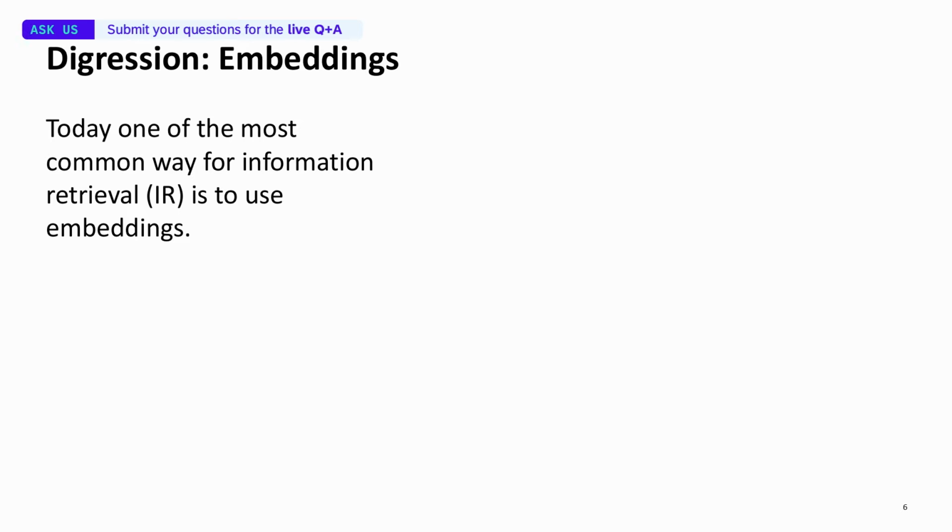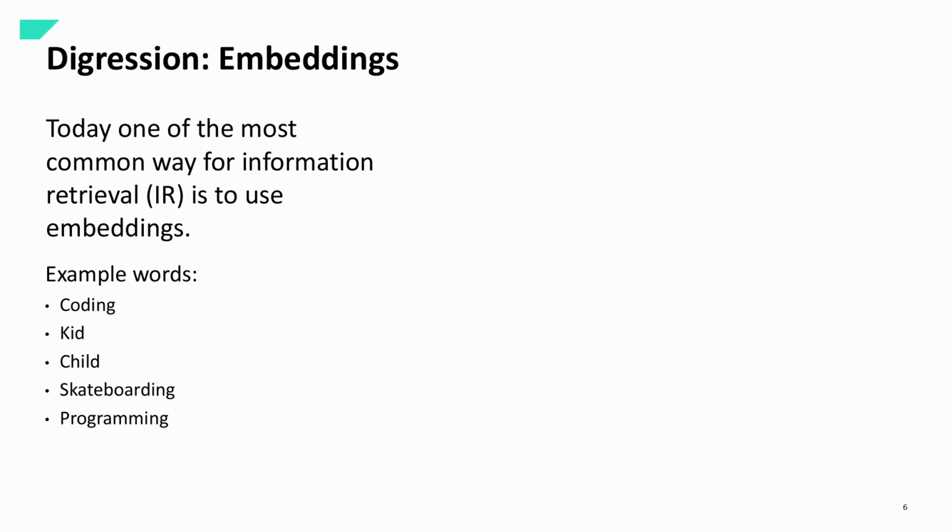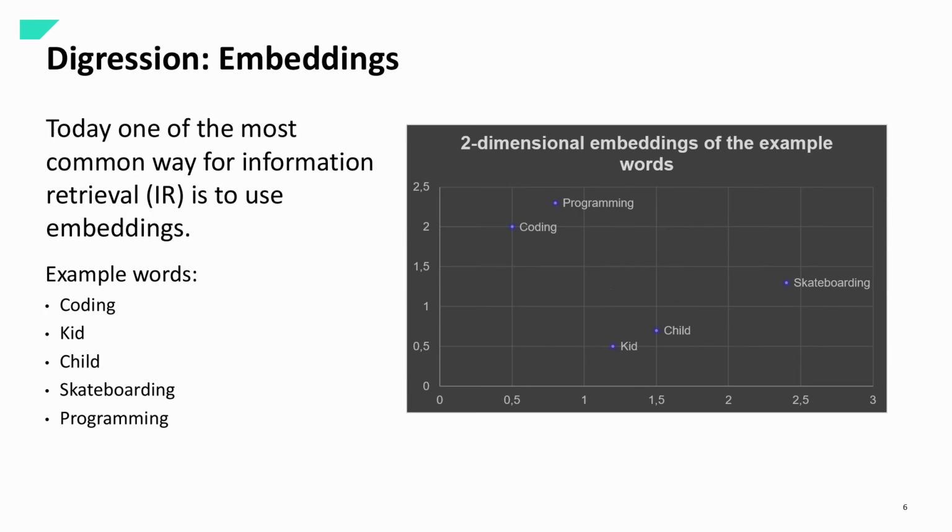Let's do a short digression on embeddings, because what you need from the technology for information retrieval is embeddings at the end of the day. But what is that? Embeddings, I guess you heard the word. If you are touching AI in the early stage, you get this word or this technology.